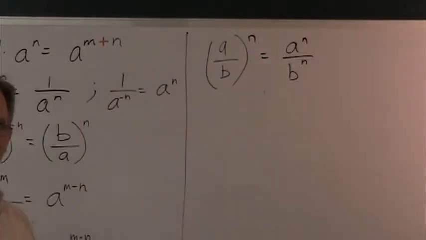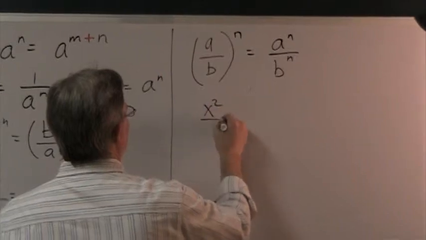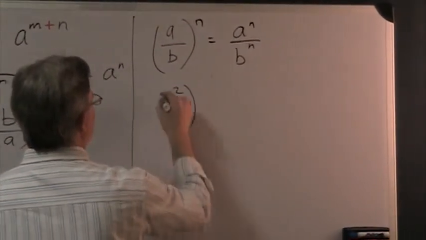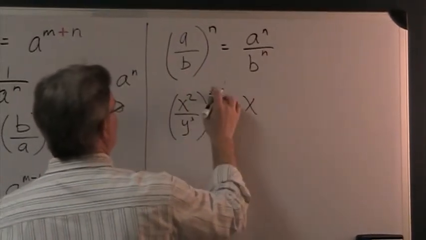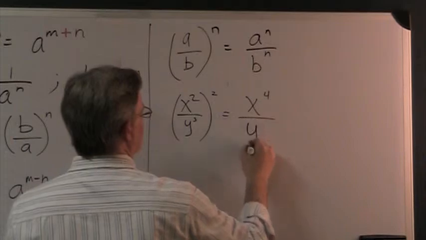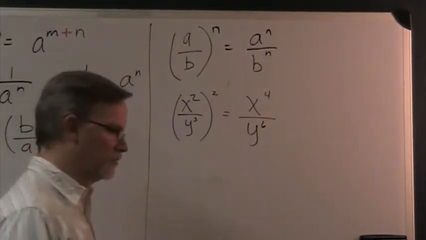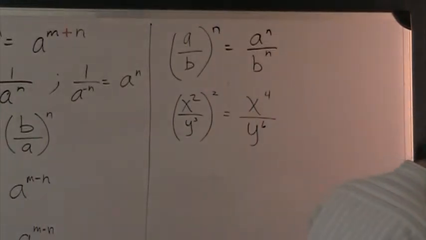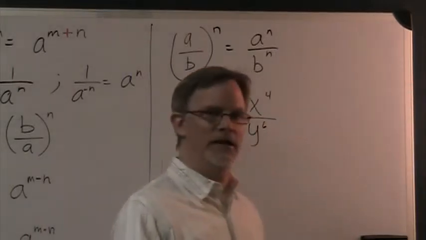Again, a simple example: x squared over y cubed, raised to the 2nd power. x to the 2 times 2 is 4, y to the 3 times 2 is 6. Very simple. And so when you're working through all of these, you need to be able to work each of these problems.